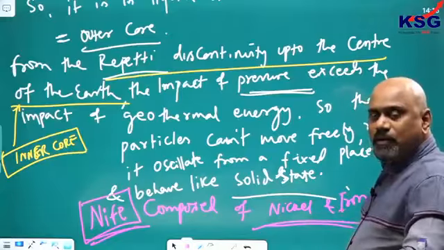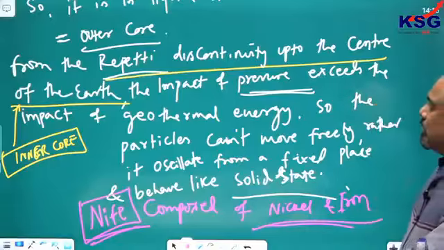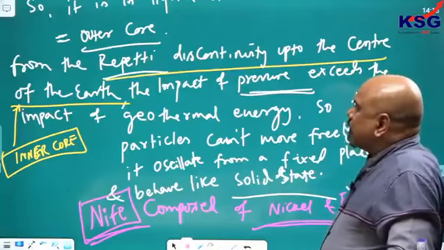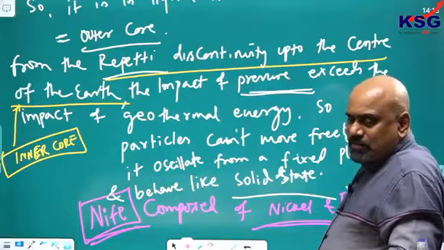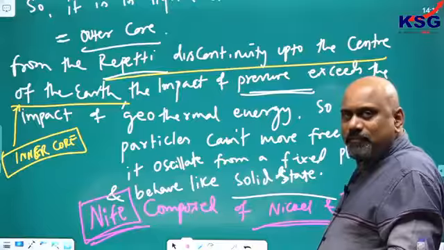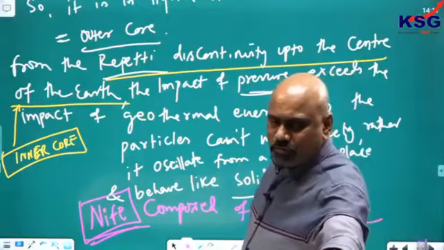Okay. You must remember that from the Lehmann discontinuity up to the center of the earth is the inner core. This inner core is in a solid state because of the greater impact of pressure.